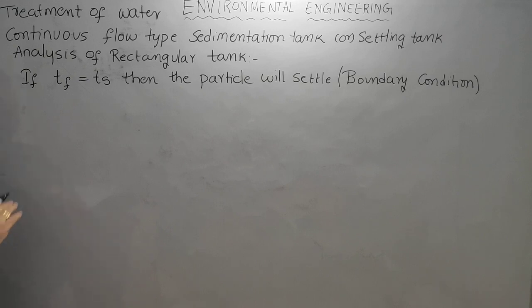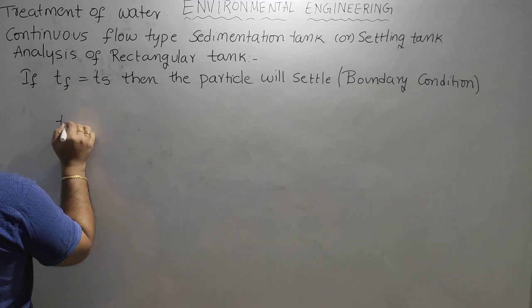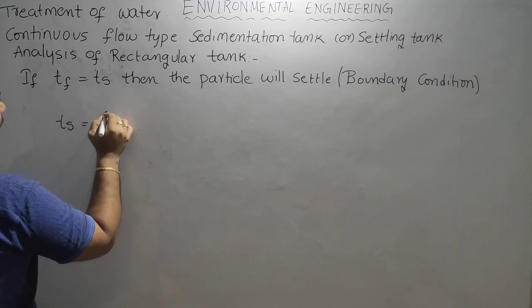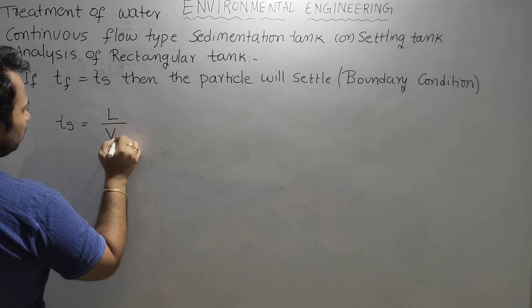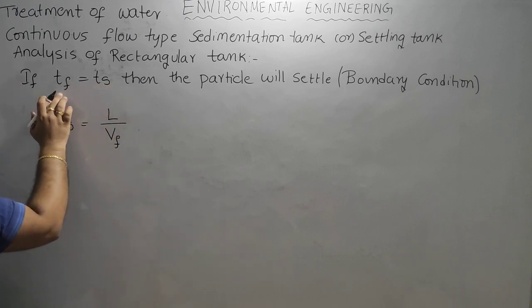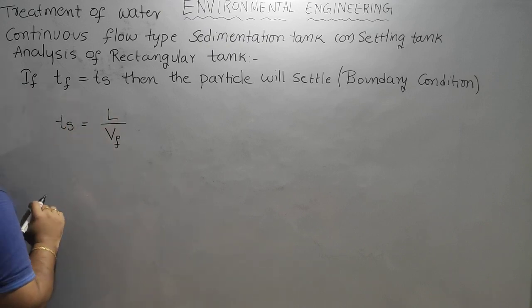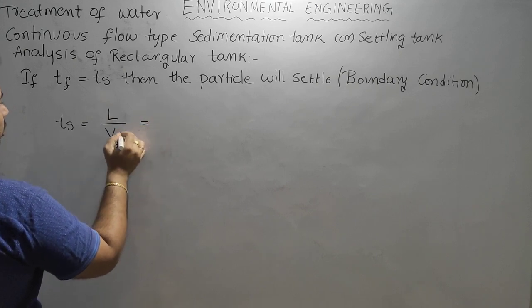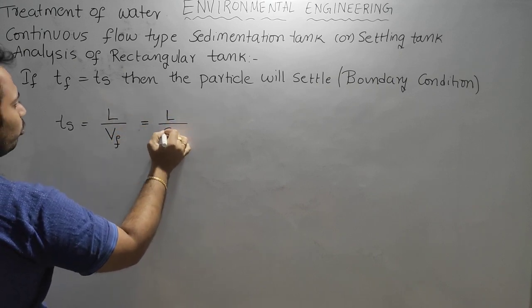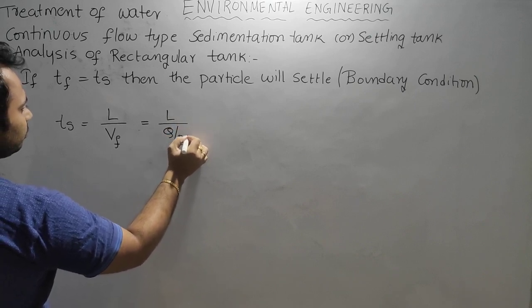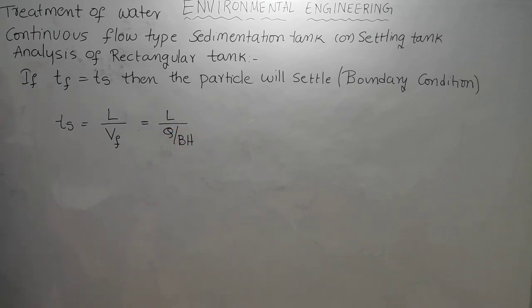If Tf is equal to Ts, what is Ts now? Ts is equal to L by Vf, and this Vf is equal to Q by Bh.